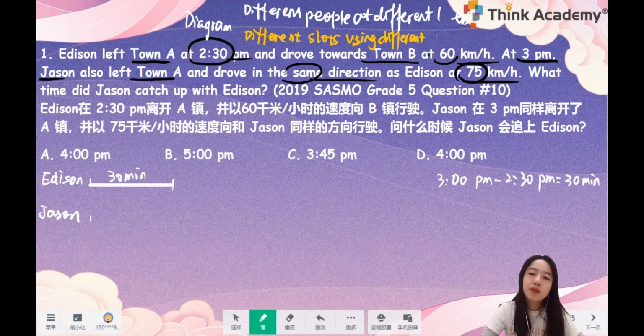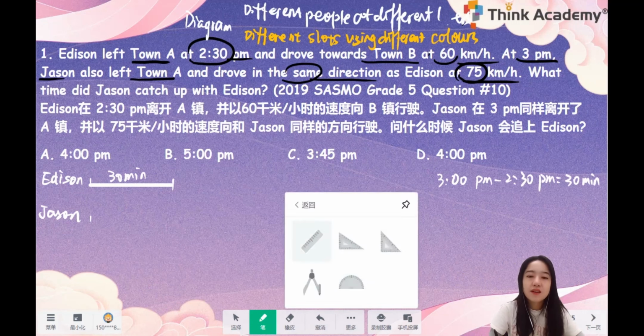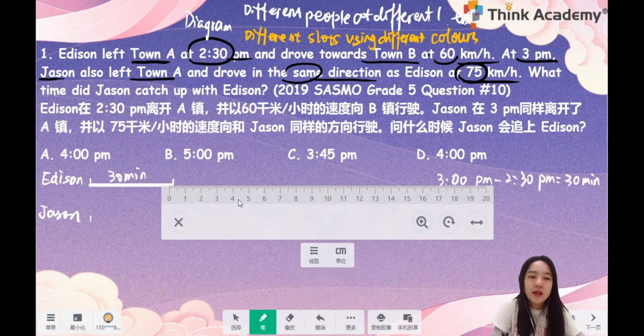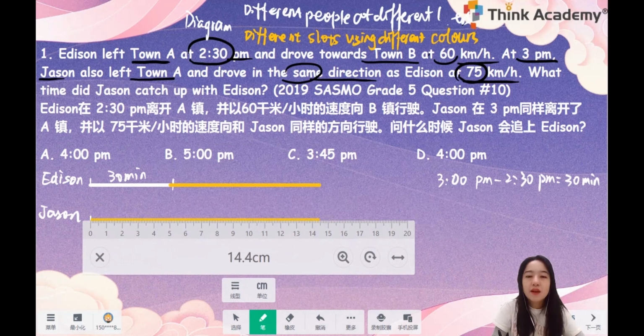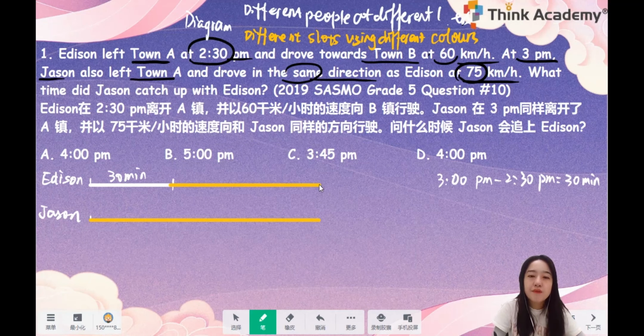When both of them are traveling at the same time, we can consider it as a different duration and then use a different color to represent it. When you see a different color, you know during that time, both of them are traveling.